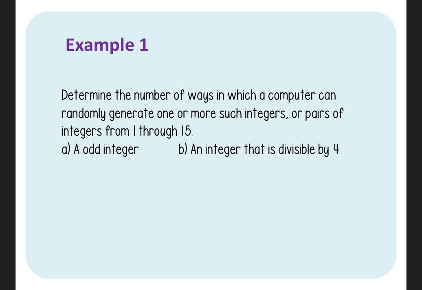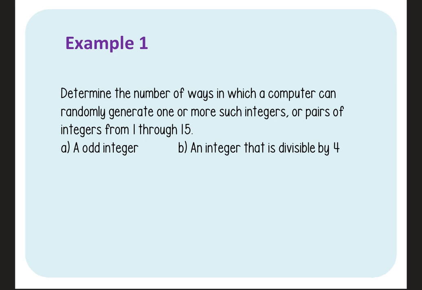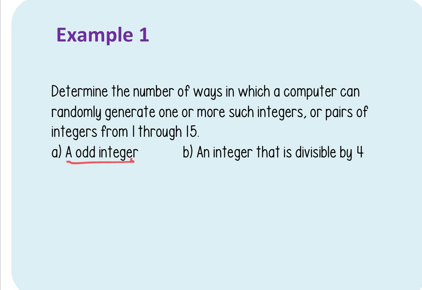This says determine the number of ways in which a computer can randomly generate one or more such integers or pairs of integers from 1 through 15. So the general way of this, and we're going to start to learn tricks to narrow down the work of it, but think about what it would look like. If a computer is randomly generating one or more such integers from 1 through 15, that would be one of these things, let's say.